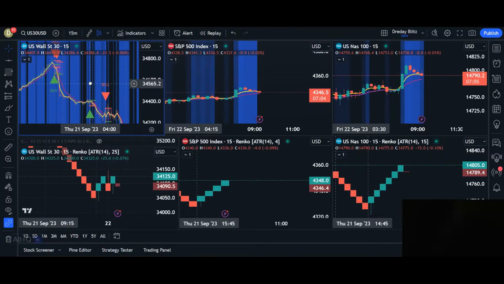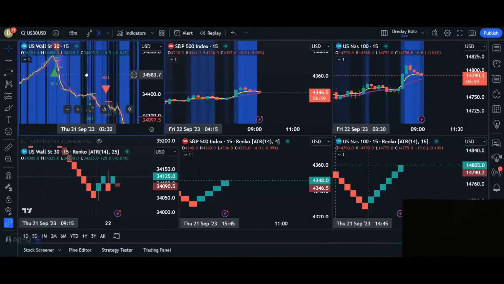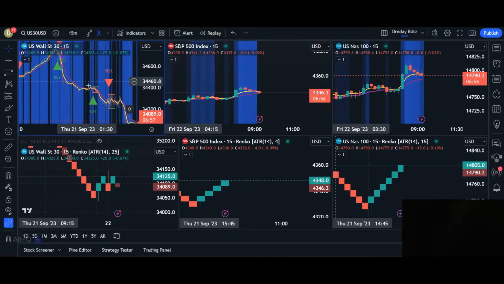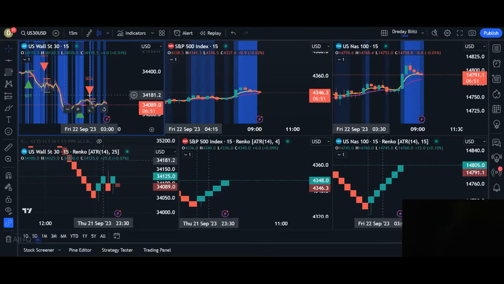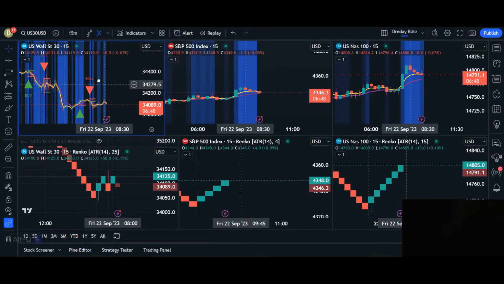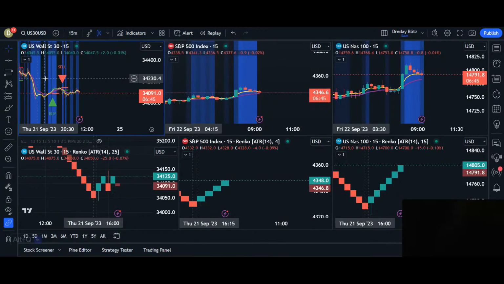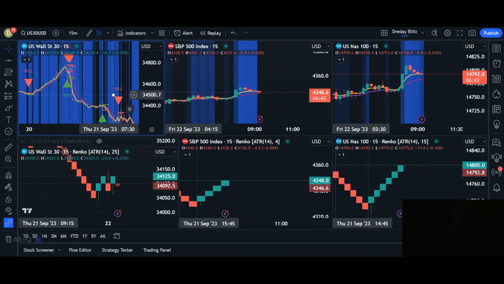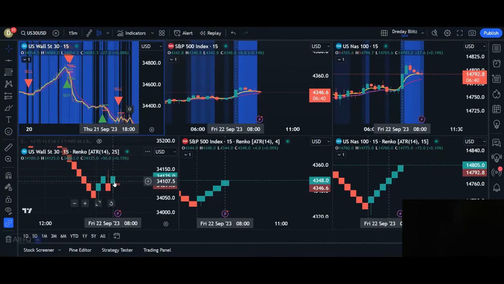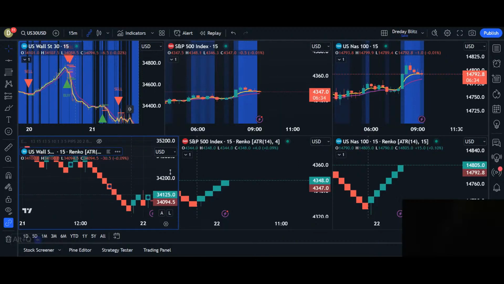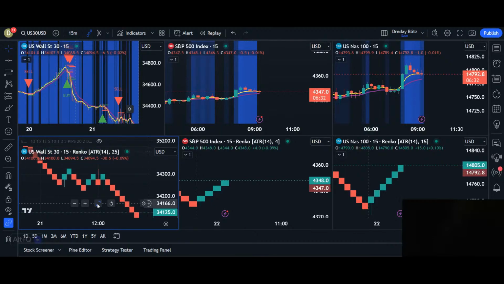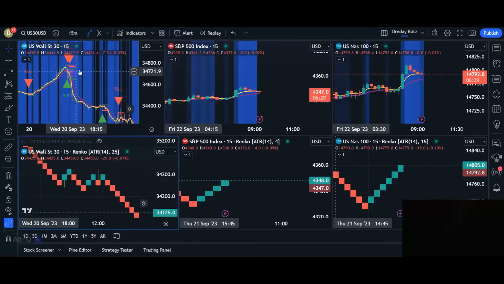If you're looking at the 50-minute chart, you had a sell signal here, then another buy, a sell signal there, then a sell, and then another buy that was not there anymore, but the overall trend was bearish. If you're looking at the higher time frame on the Renkos, you should have kept your trade on since Wednesday. It was selling off, and the highest point of the week was when the FOMC news hit.